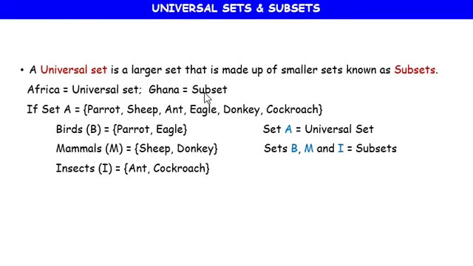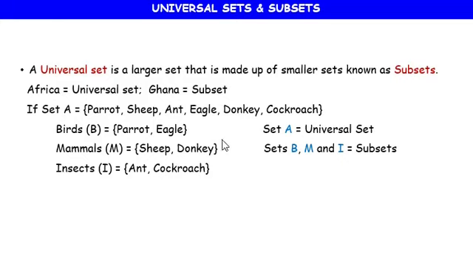As subsets. But we can also talk of subsets and universal sets as subdivisions within a wider group. For instance, if we take Africa, we can have subdivisions like West Africa, North Africa, Central Africa, South Africa, Eastern Africa. So West Africa can also be a subset of Africa.